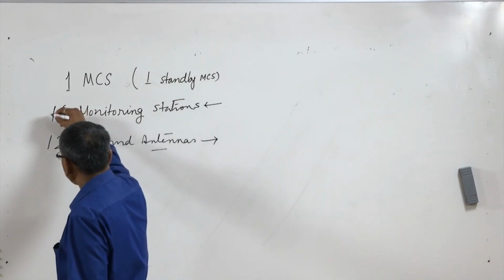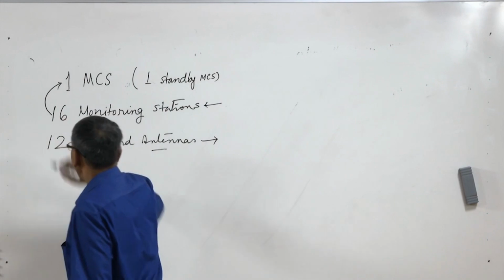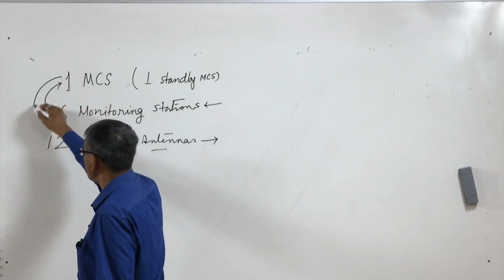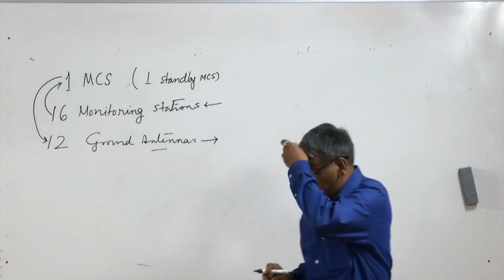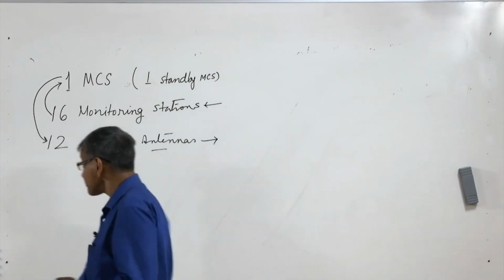The information is received from the monitoring stations, and the master control station processes the information and provides some information to the ground antennas, which upload it to the satellite vehicles.